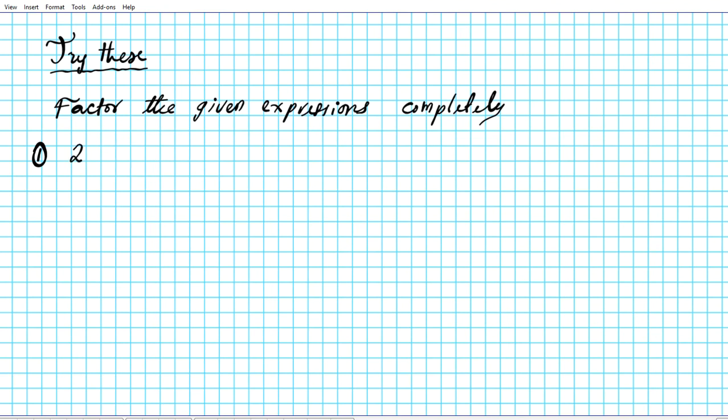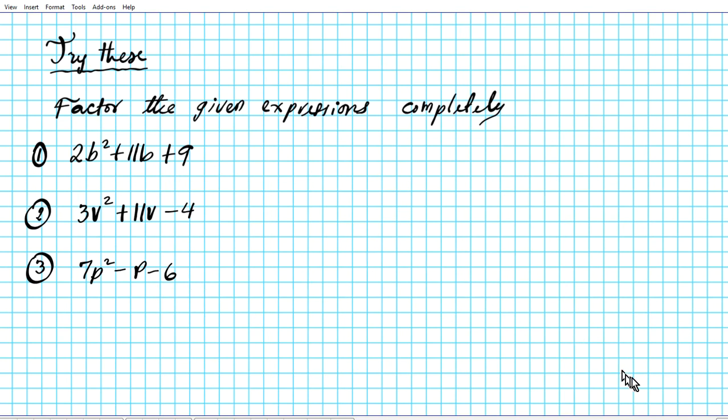Question 1 is 2b squared plus 11b plus 9. Question 2 is 3v squared plus 11v minus 4. Question 3 is 7p squared minus p minus 6. Okay? So go ahead and pause the video at this time. Try and factor these three expressions and then continue playing the video to see what the answers are.